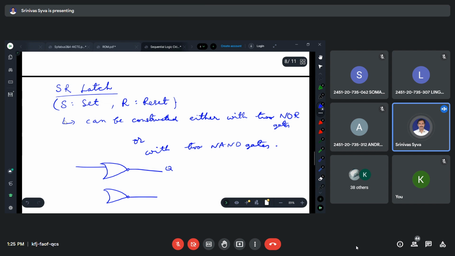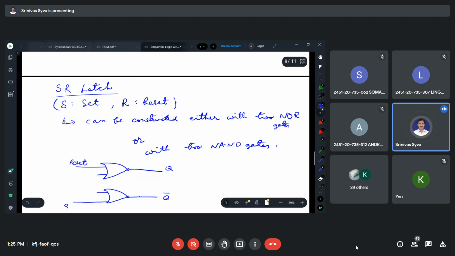This is Q bar. Here there is a cross coupled connection. This is a reset input.